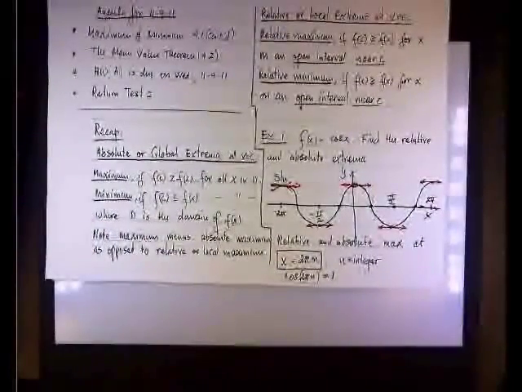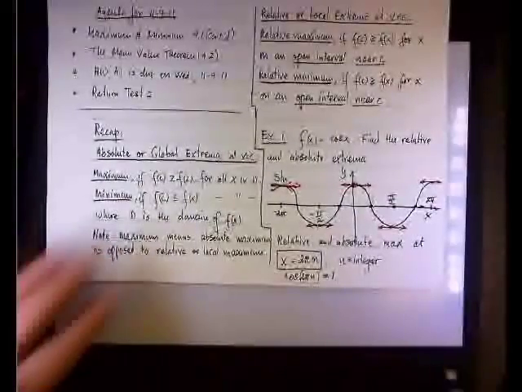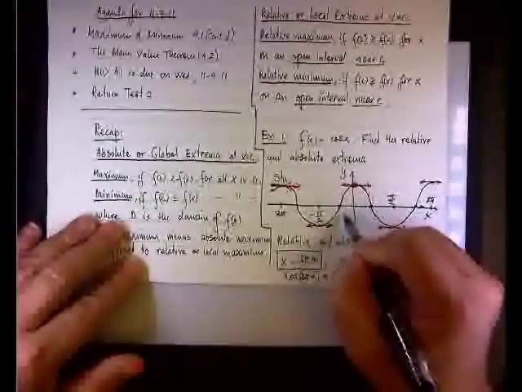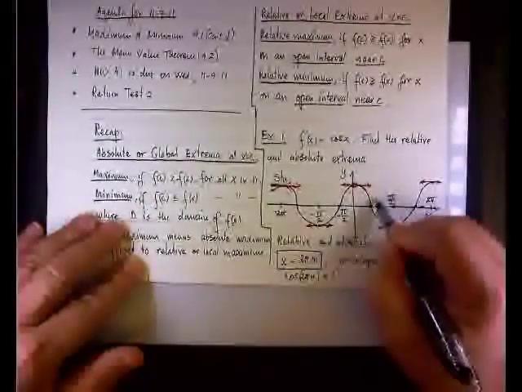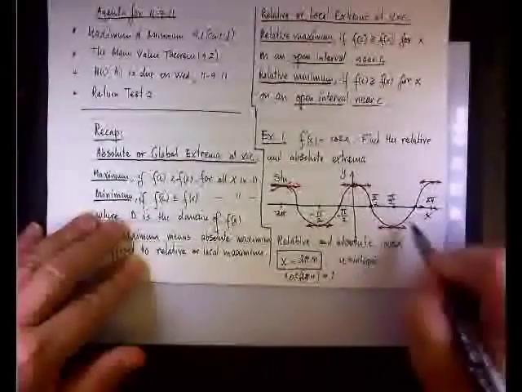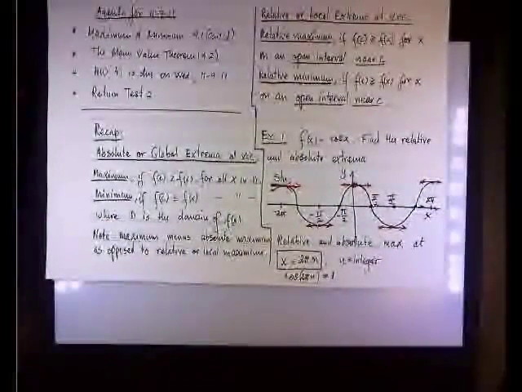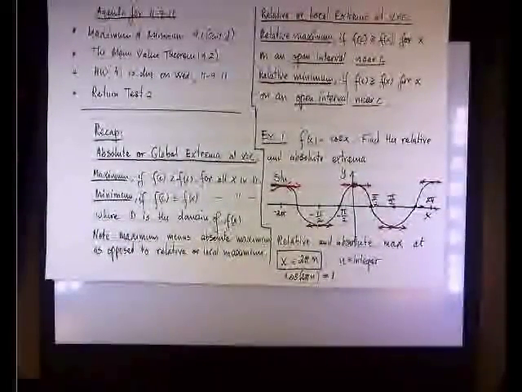Go ahead, Jason. I think where you have pi over 2 should be pi. I think you're right. Where I have pi over 2, I should have pi. You're absolutely correct. So, again, the whiteout we go, and we'll make this correction.